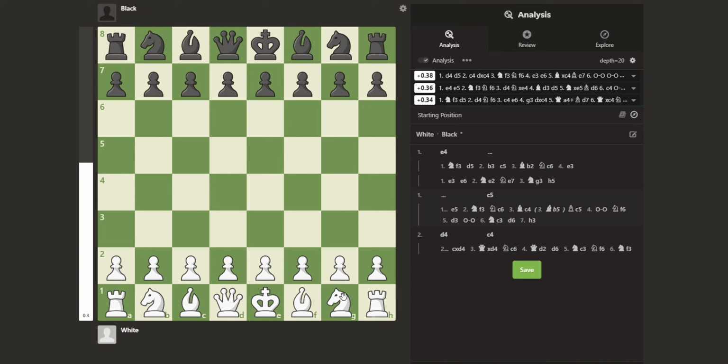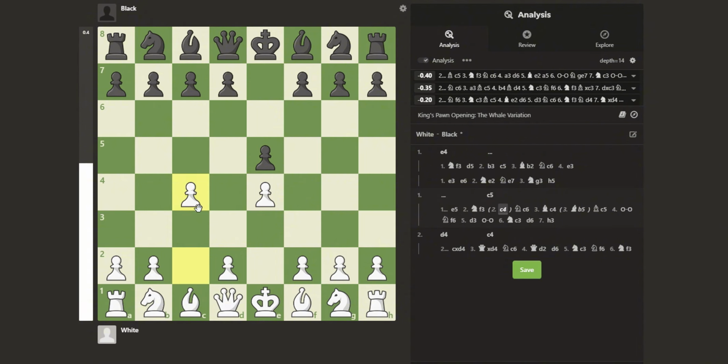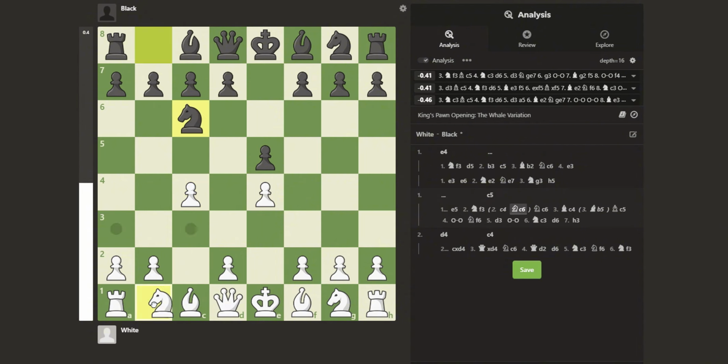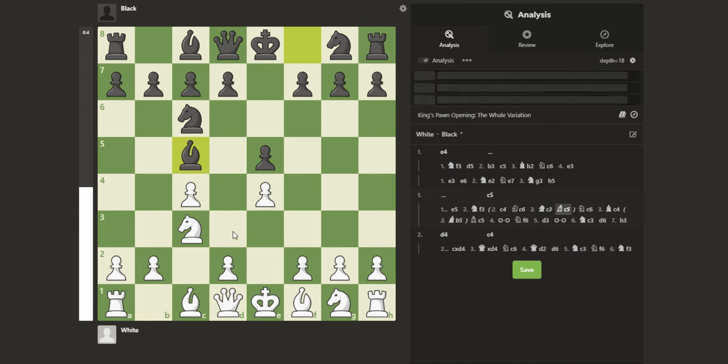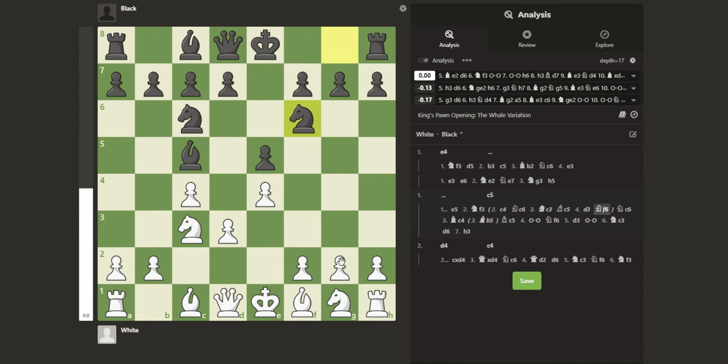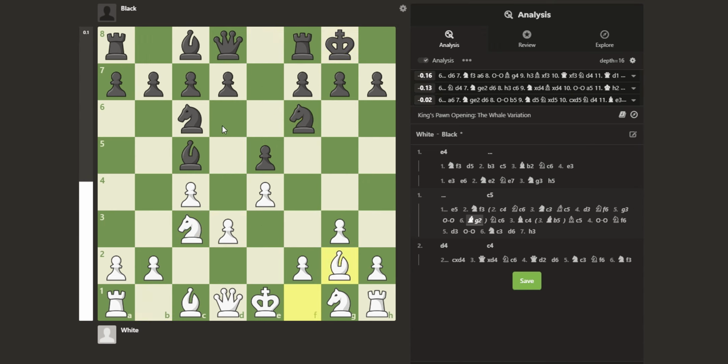But, for example, when do I know how to put the knight here or here? Easy. Usually, there are positions like, for example, the Botvinnik system, when we play something like this. Let's say something like this, right?